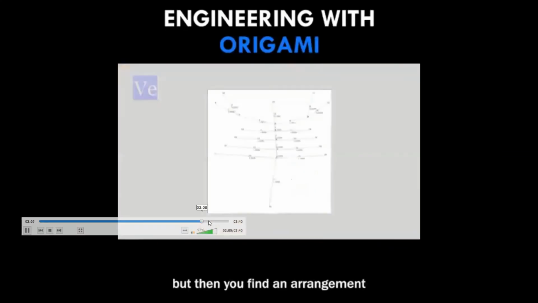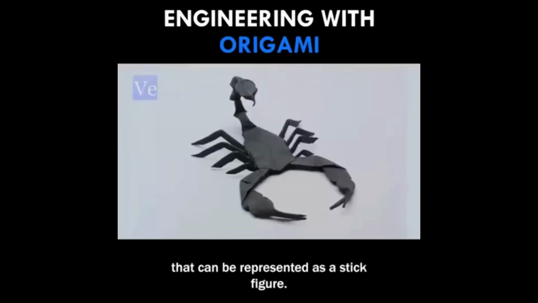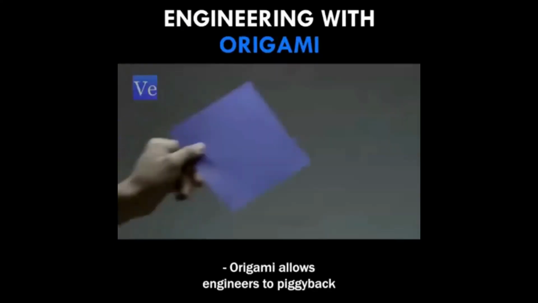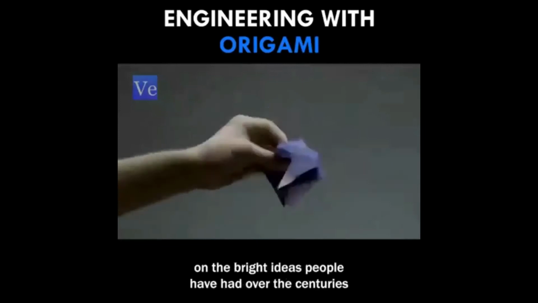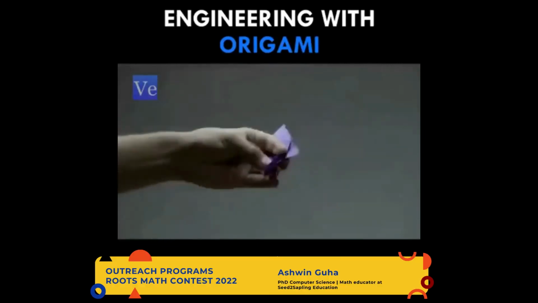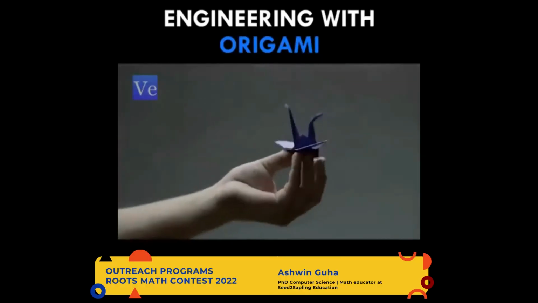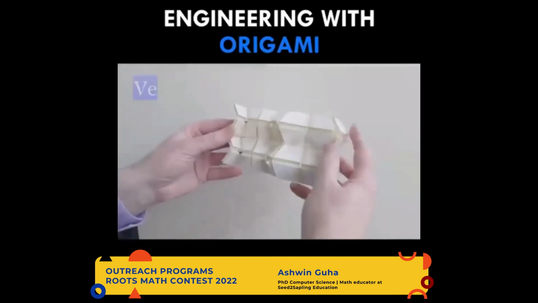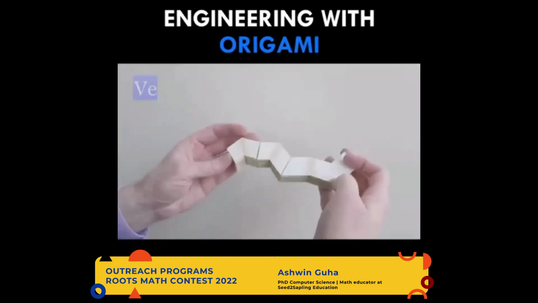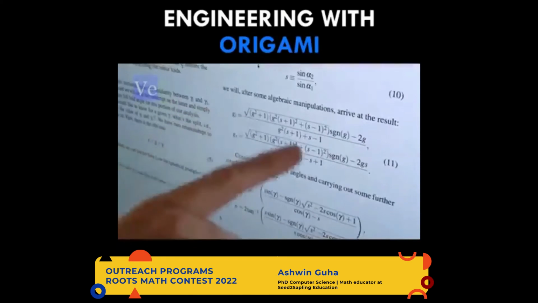But then you find an arrangement method that I described. This works for anything that can be represented as a stick figure. Origami allows engineers to piggyback on the bright ideas people have had over the centuries while experimenting with folding paper. But translating these ideas into practical solutions requires a lot of math, modeling, and experimentation.